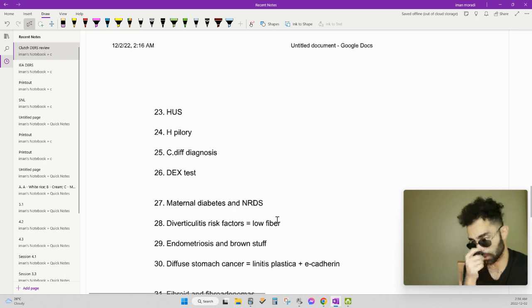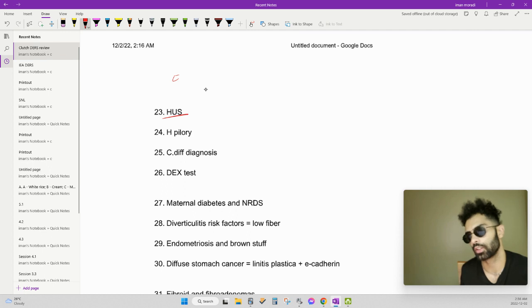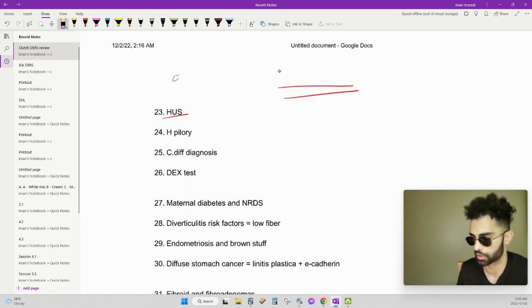Okay, hemolytic uremic syndrome. Basically, the sequence is these bacteria, which is either enterohemorrhagic E. coli or Shigella, produce a toxin that damages the vessel, right?